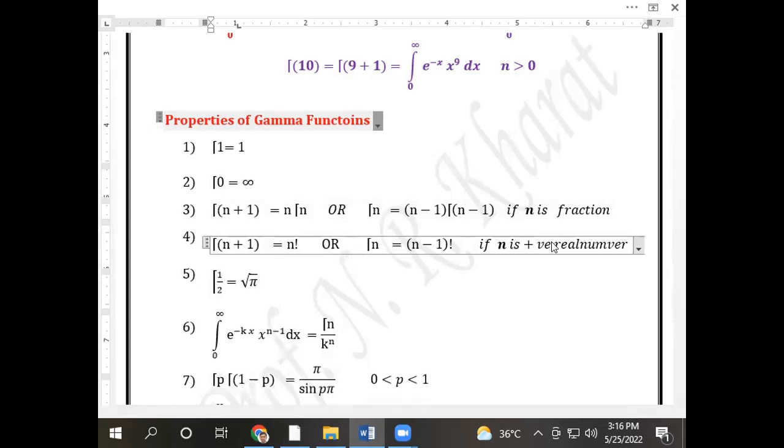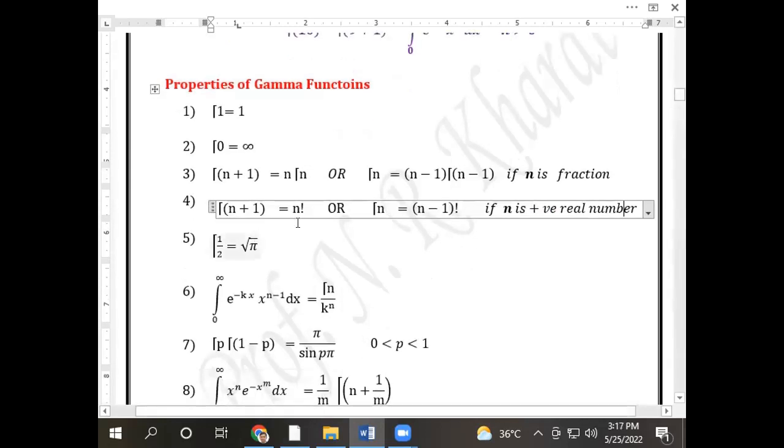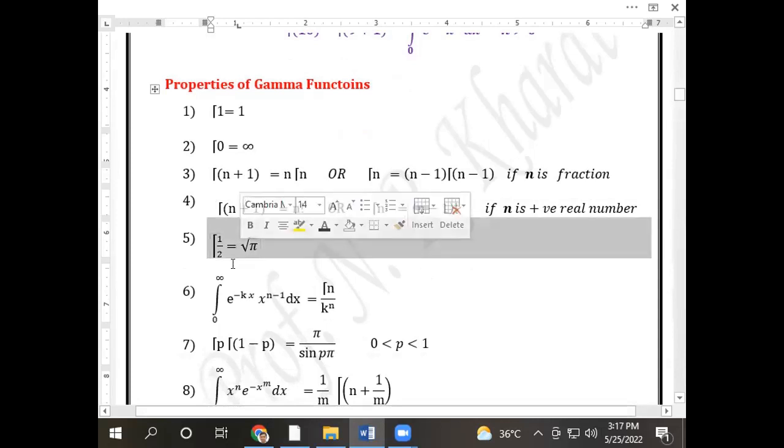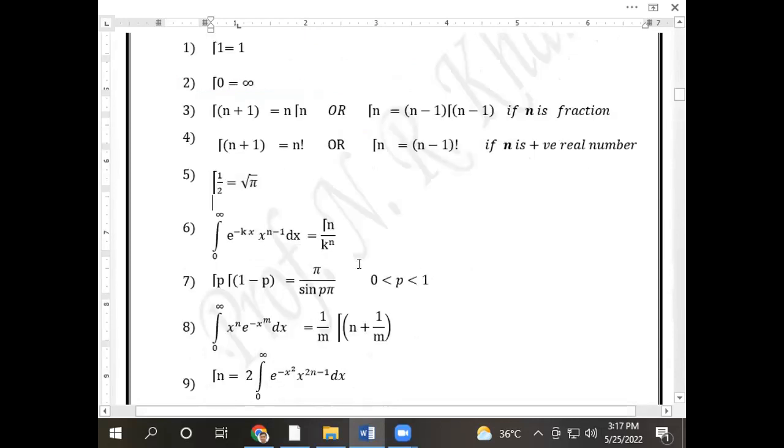Instead of integer, if it is a real number, then we can convert n plus 1 directly into n factorial, or gamma of n in terms of n minus 1 factorial. And gamma of 1/2 is equal to root pi. This is the standard property of gamma of 1/2.